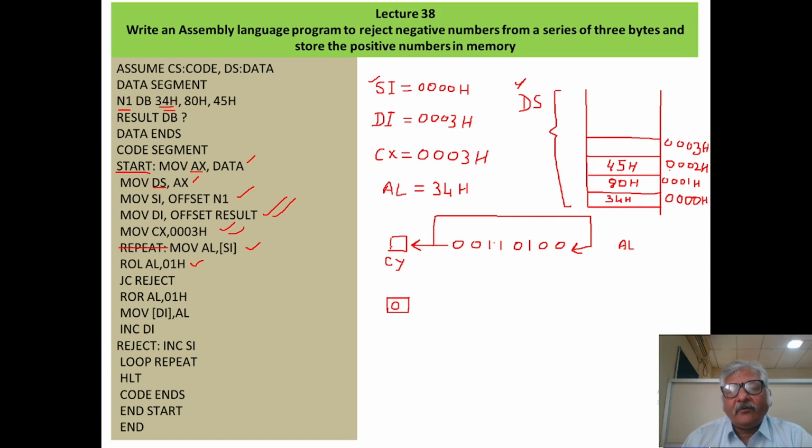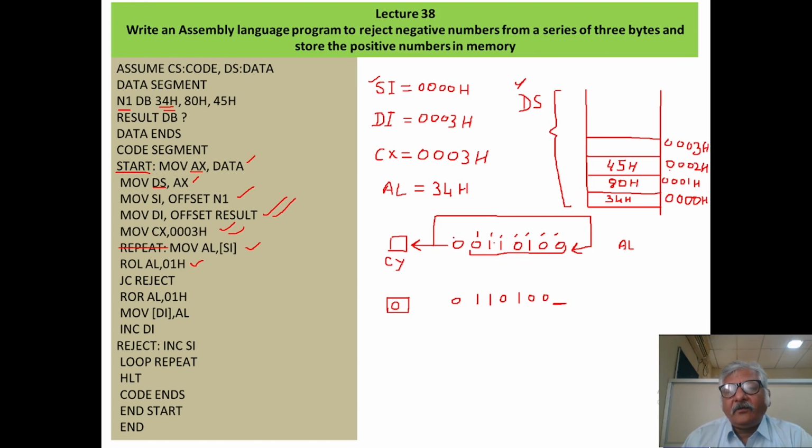This MSB will come to the carry flag. Then all these bits are shifted left by 1 bit, meaning 0110100, and there is one vacant position at the right side.